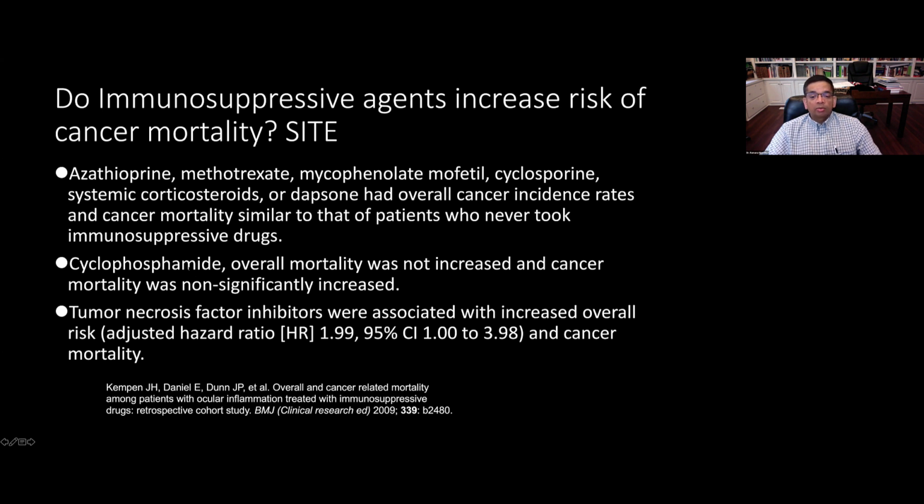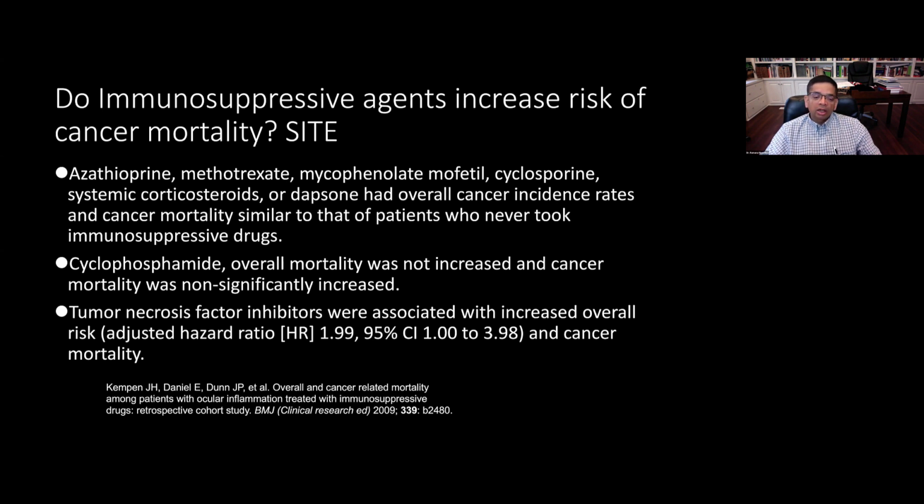However, with cyclophosphamide, overall mortality was not increased, and cancer mortality was not significantly increased. However, if you cross a threshold with cyclophosphamide, beyond a cumulative dose of 35 grams, there appears to be a substantial increased risk of secondary lymphoproliferative or leukemic malignancies, particularly AML.